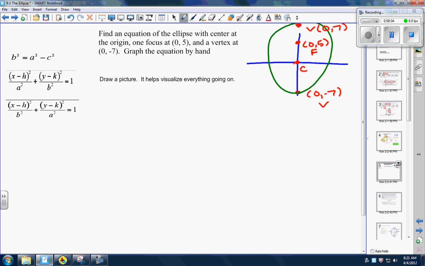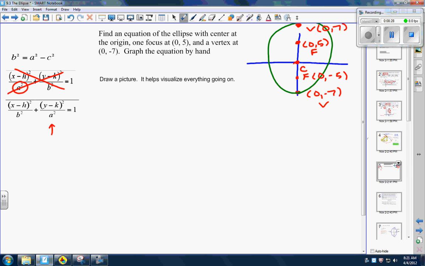If I got a focus at (0, 5), my other focus is at (0, -5). So if I come look at my equations, okay, I want it to open up on the y-axis. So I want the major axis on the y. So that one doesn't work for me, so I want this one.